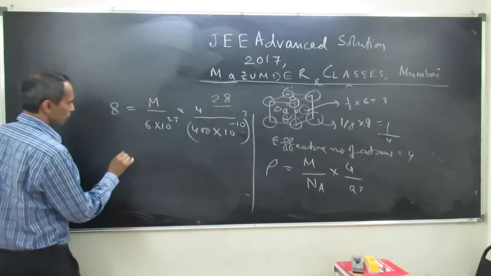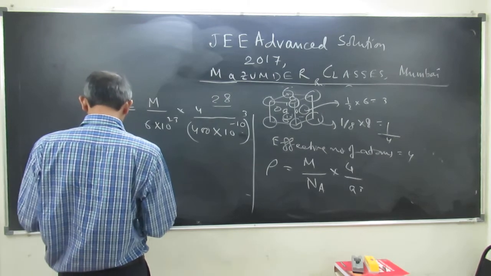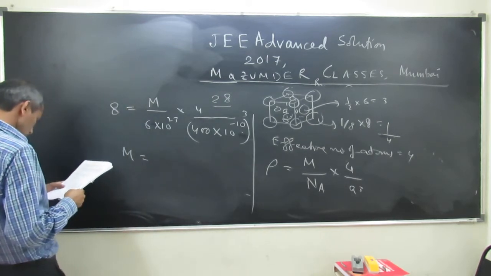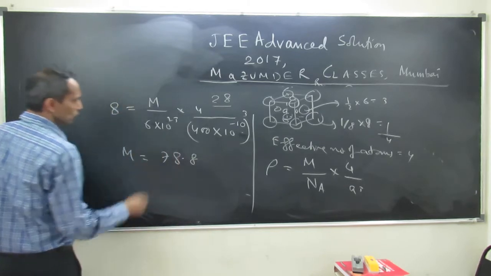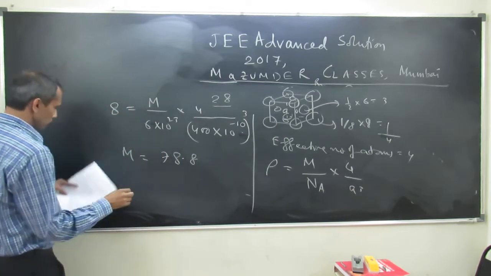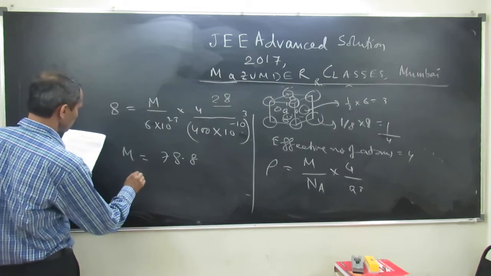If you calculate, then the molecular mass you will be getting is approximately 78.8. So once you get the molecular mass, obviously the rest is that they have asked about 256 gram of crystal, how many atoms it is possessing.